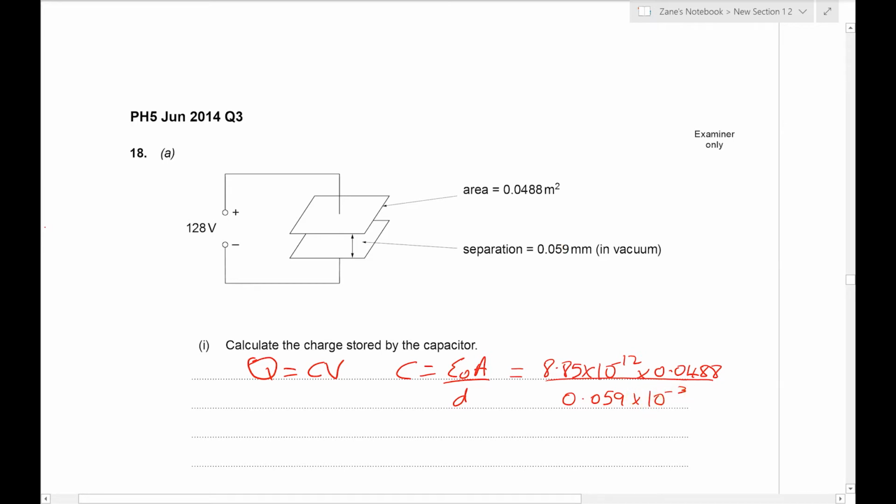So let's put those values into the calculator. And we end up with a capacitance of 7.32 times 10 to the minus 9, or 7.32 nanofarads.